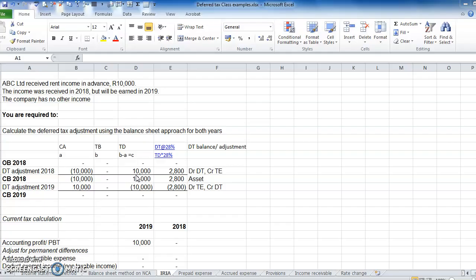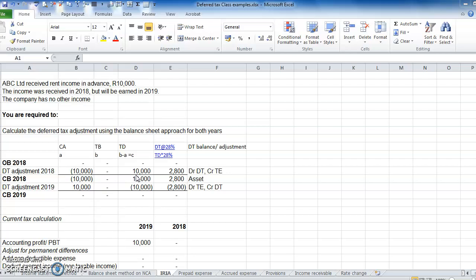I've written over there that we have a deferred tax asset. Why do we have a deferred tax asset? SARS taxed this income in the current year, so the income that we're going to record in 2019 will not be taxed. Essentially we have a future tax saving, or a deductible temporary difference.